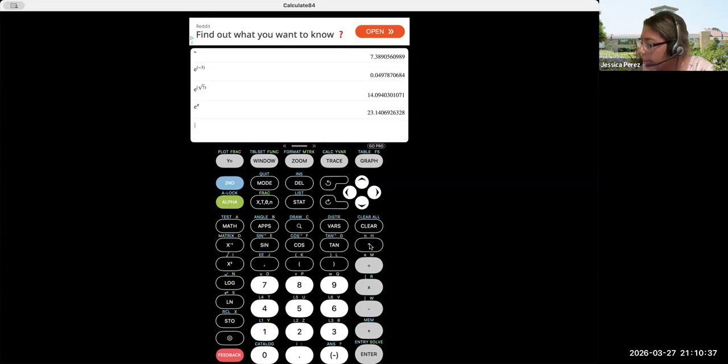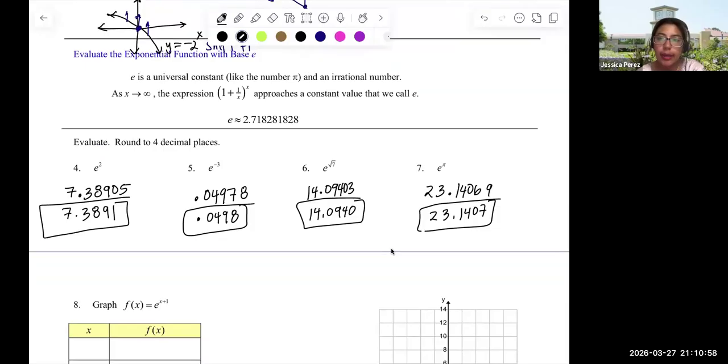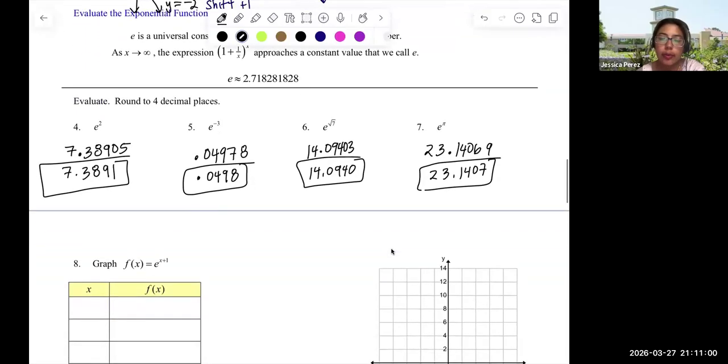Rounding to 4 decimal places would be 23.1407. Looking at all the solutions that we just did using our calculators, there they are. I put in the value and then I rounded to 4 decimal places as I wanted it.